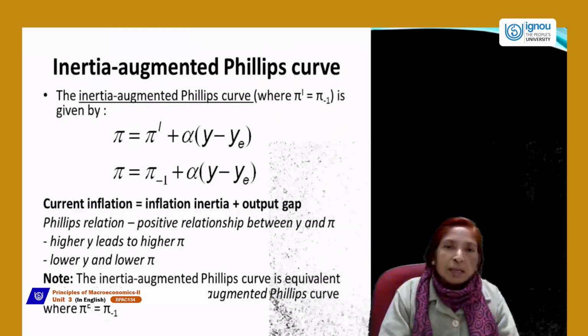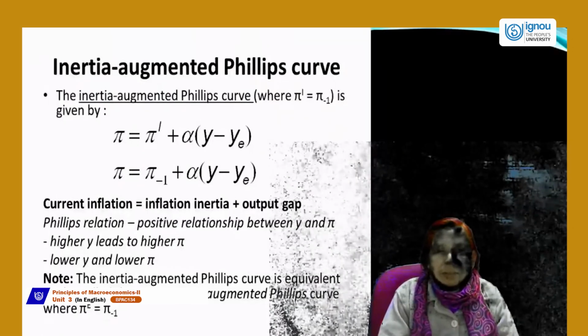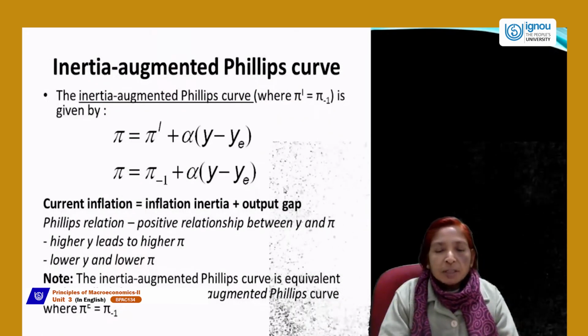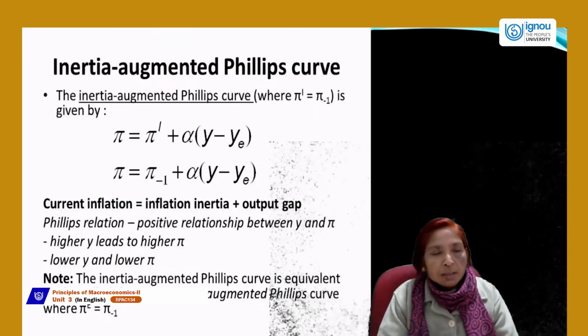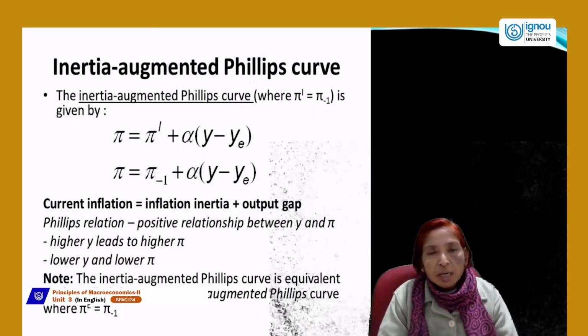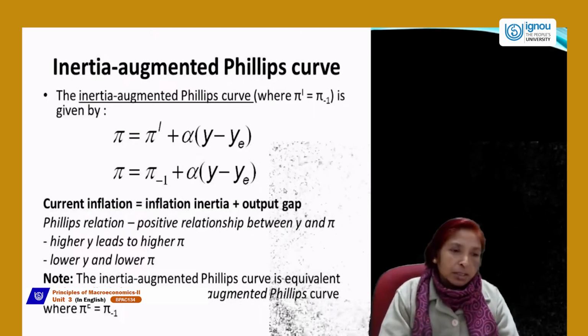Phillips relation. What is the relationship explained by Phillips? Phillips explained that there is a positive relationship between inflation and output level, but an inverse relationship between inflation and unemployment rate.